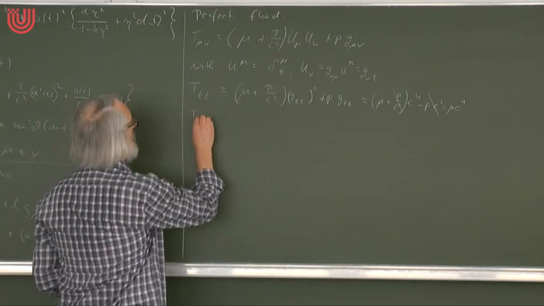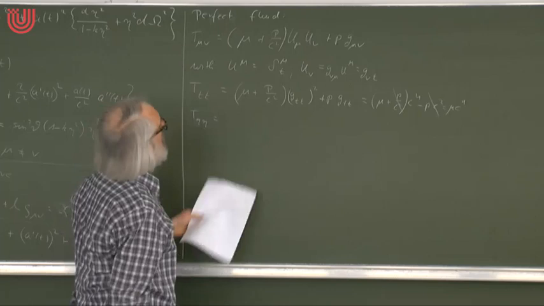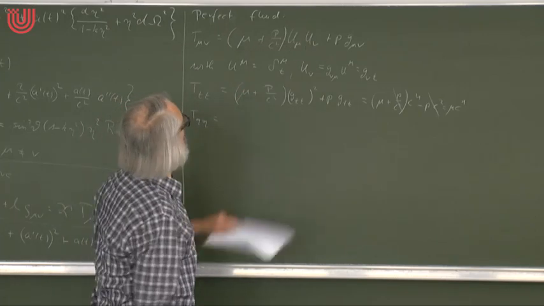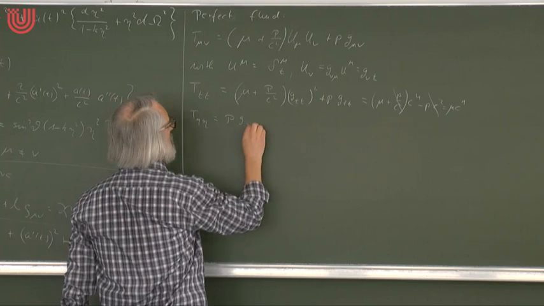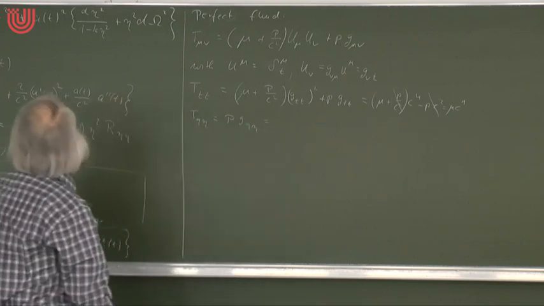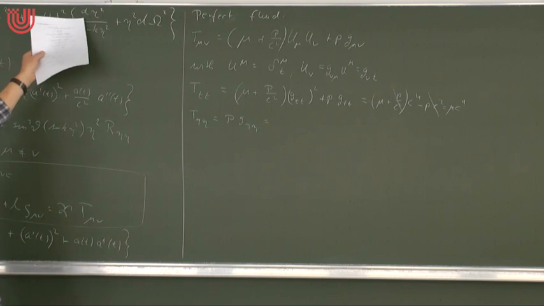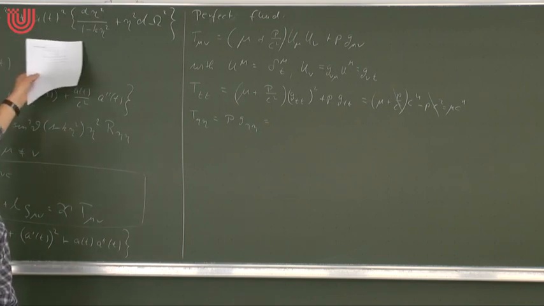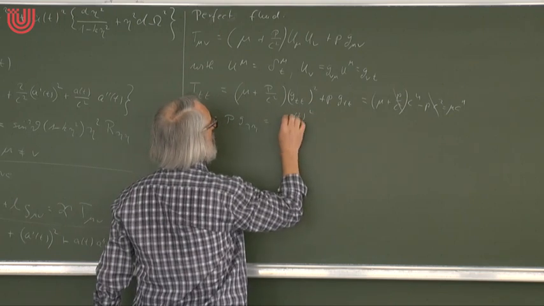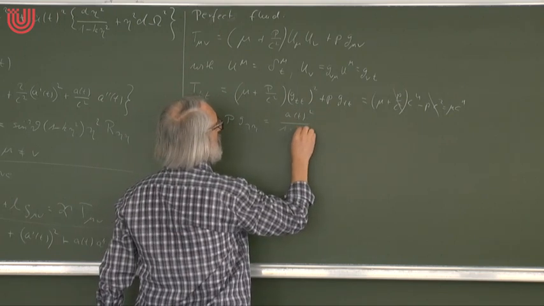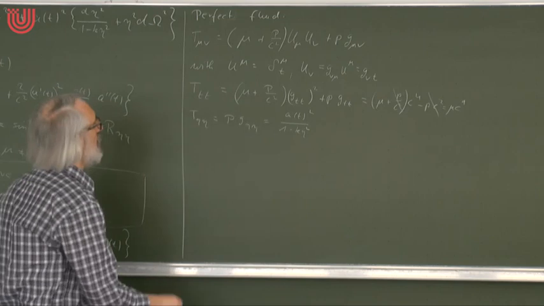Then we have T eta eta. So T eta eta, this is 0, this is 0. So I just have the last term, p g eta eta. And g eta eta, where eta is here, this is a of t squared divided by 1 minus k eta squared.